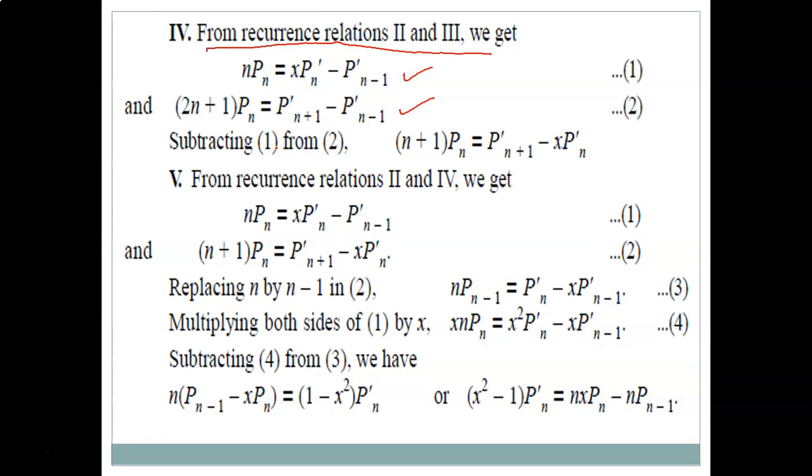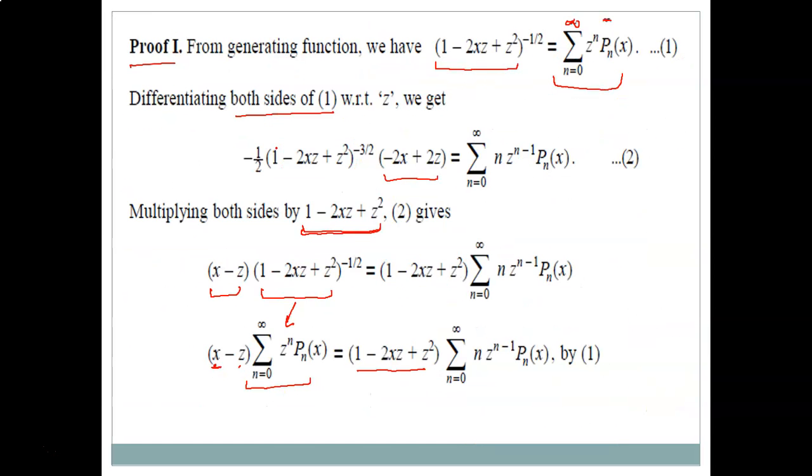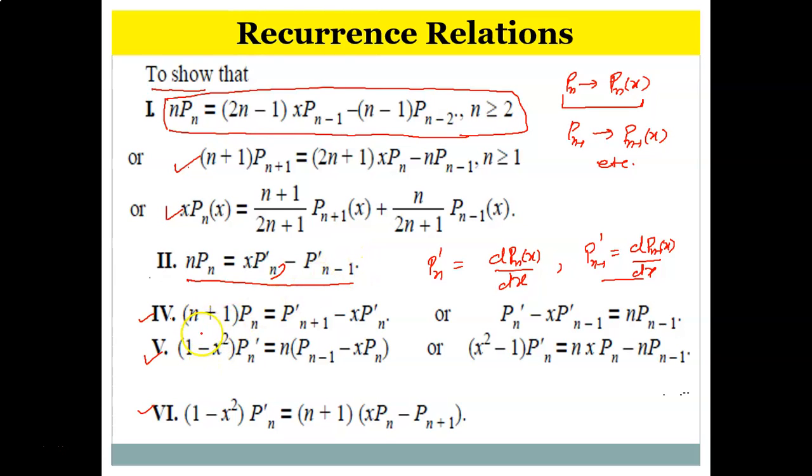In relation 4 you can see (n+1) Pn is equal to Pn plus 1 dash minus x Pn dash. Similarly, this can be put in another form: Pn dash minus x Pn minus 1 dash is n Pn minus 1. Obviously you can easily see that this comes directly from this just by replacing n with n minus 1. If you replace n with n minus 1 in this expression, you can get this one.